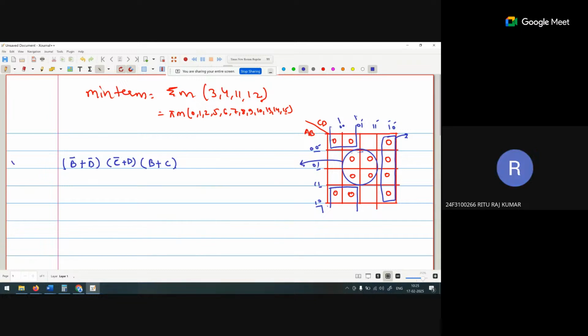Sir, in this problem, can I also create a group of the second column, that is 1, 5, 13, and 9? Yes, you can create a group of this one, but if you see that no min term is remaining. For example, I remove all the groups.